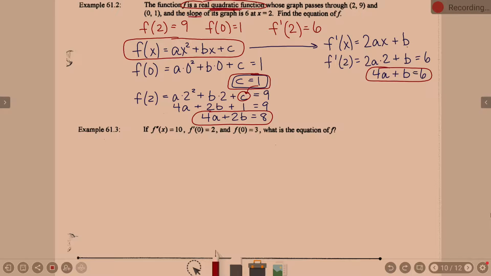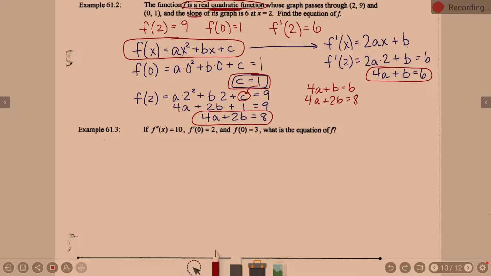We're going to do substitution, elimination, whatever makes you happy there. Because what do we have? We have 2 equations that are in terms of a and b. So I have 4a plus b equals 6, and we have 4a plus 2b equals 8.